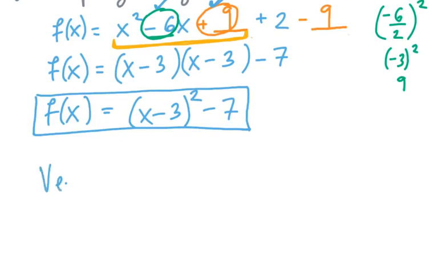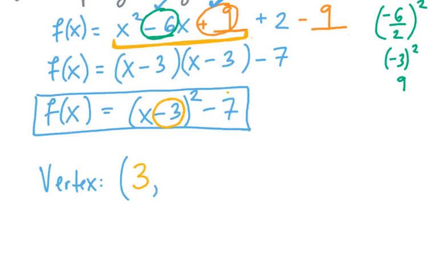So the vertex will be located based on our shift. So notice this -3 indicates I shifted right by 3 units. So that means the x-coordinate of the vertex is +3, because a -3 as the h value actually means we shifted right by 3.